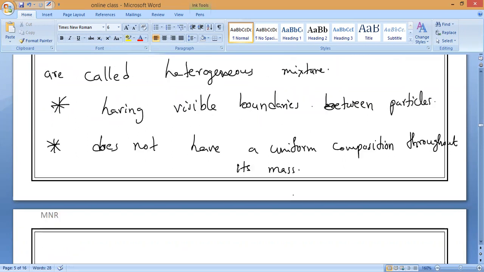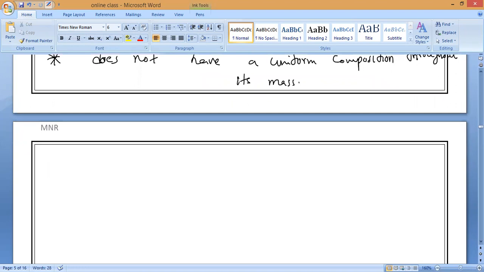Is it okay? Yes, sir. So, what are the examples? Sugar and sand is a heterogeneous mixture. You can take sugar and sand, or you can take polluted air.